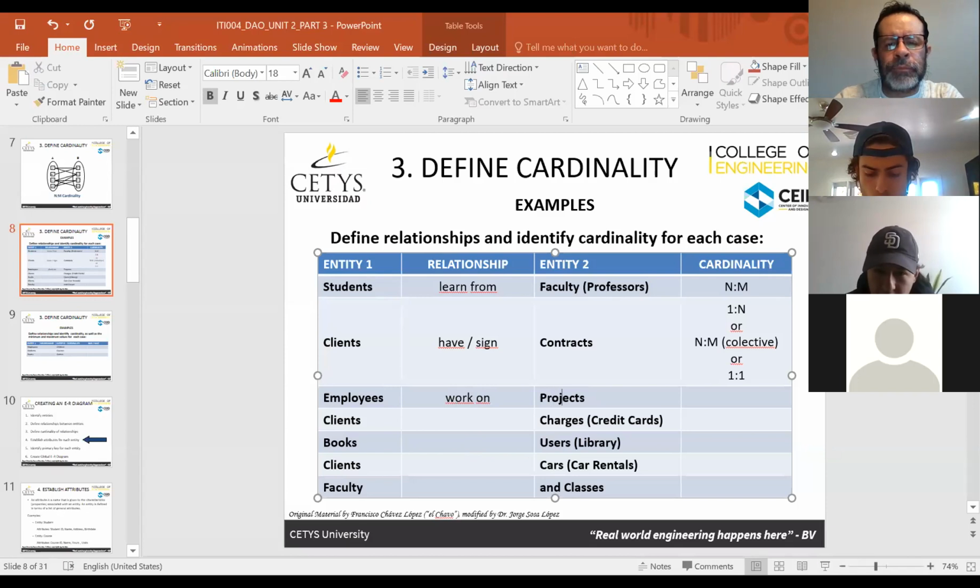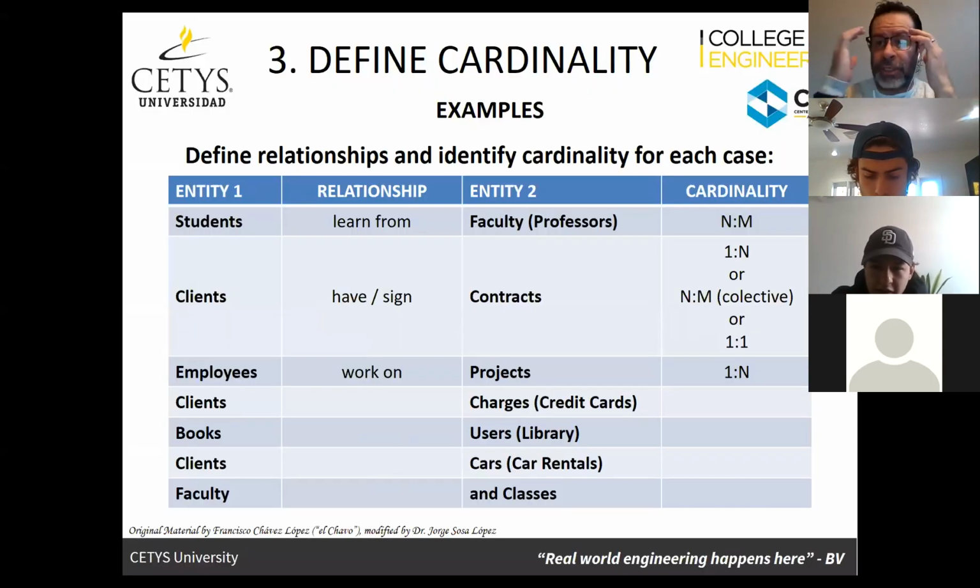And did you identify a cardinality for that? Yes, we have one-to-many. We thought there's one project in which a lot of employees work. Okay. The one-to-n, that's correct. That's fine. So employees work on projects.